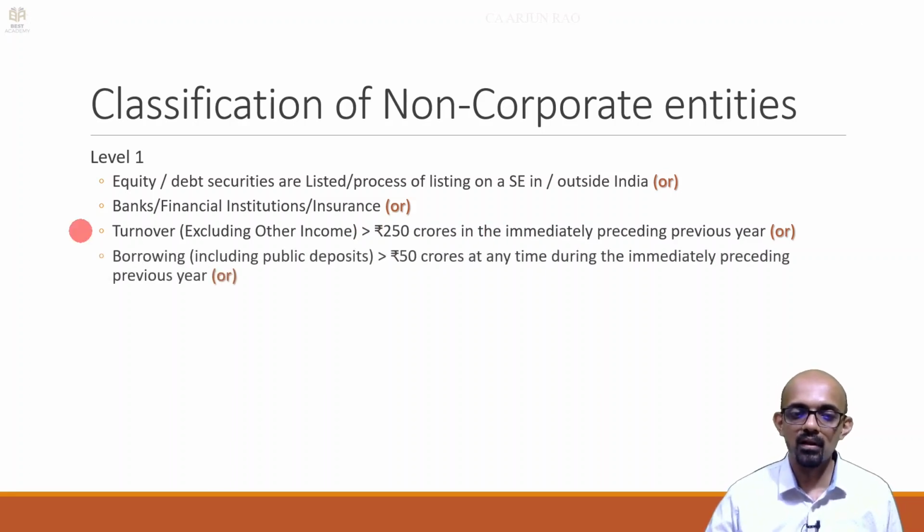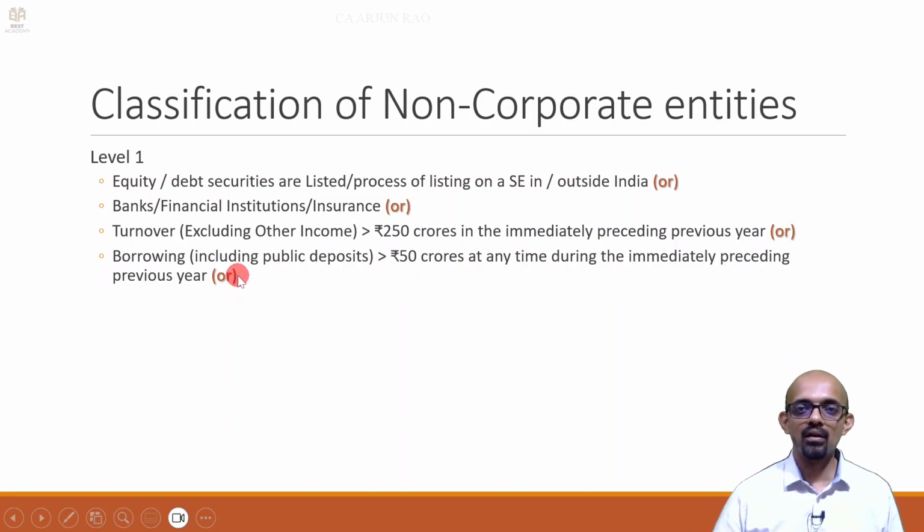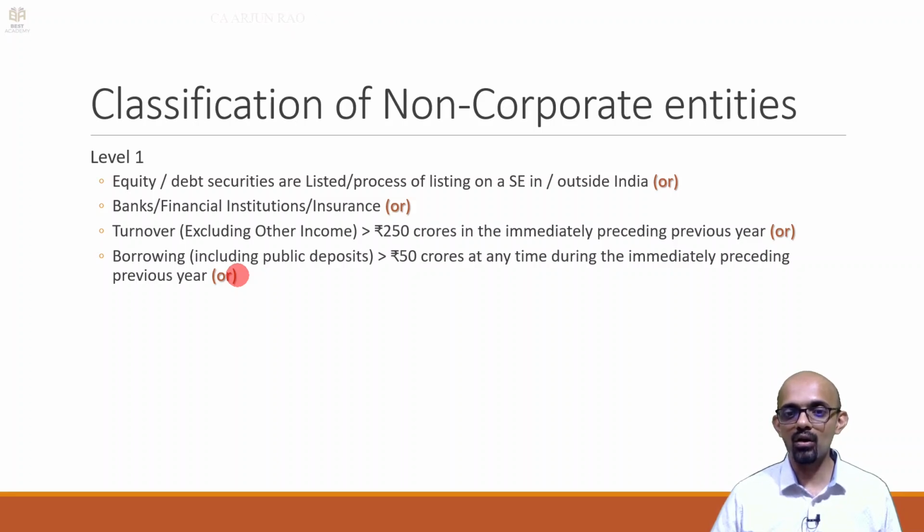Next, if its borrowing including public deposits was greater than 50 crores at any time during the immediately preceding previous year. So continuing the same example, as on 31/3/2024, let's say it has a borrowing of 40 crores.